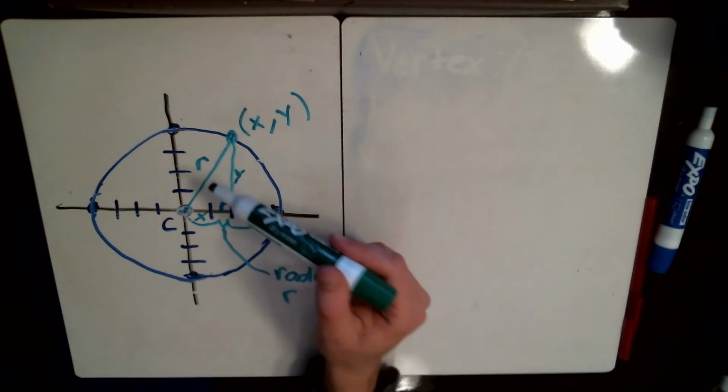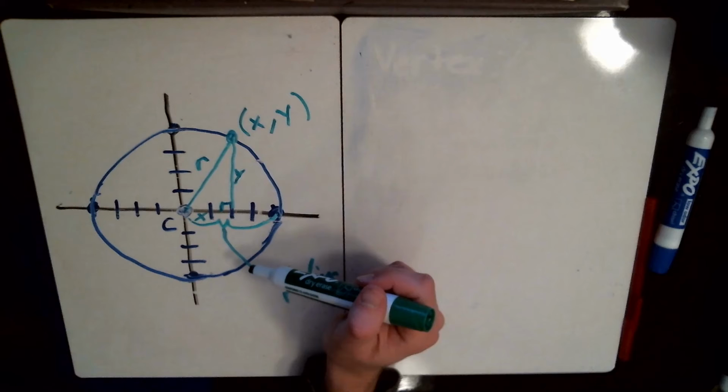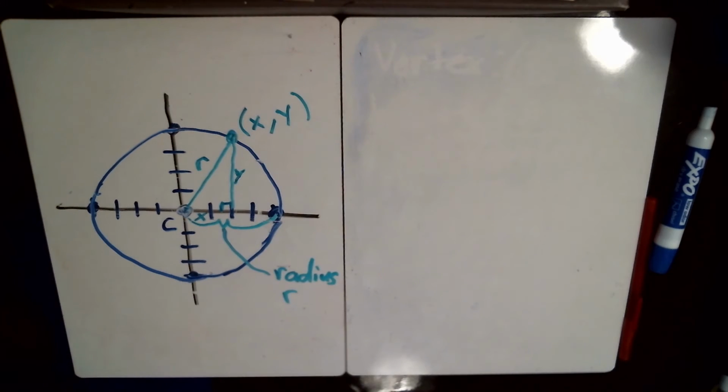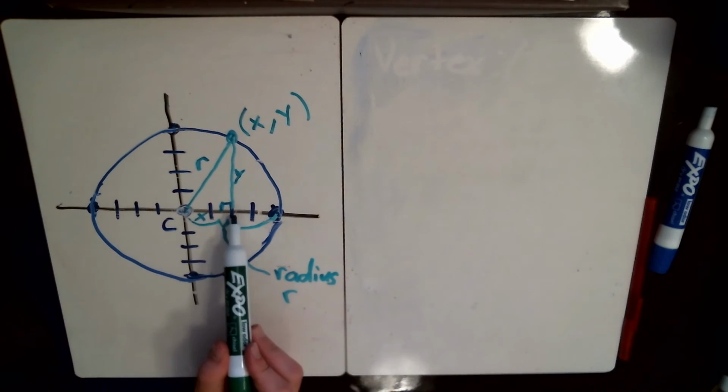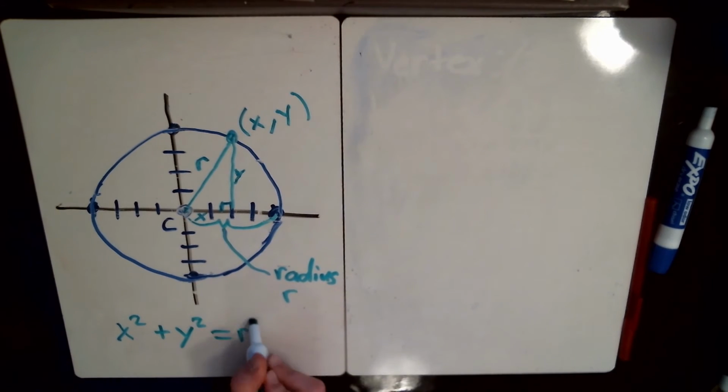So you get this right triangle here, and when you have a right triangle, we can use the Pythagorean theorem to find a relationship between the sides. So essentially, the formula we can get out of this is this side is x, this side is y, so x squared plus y squared is r squared, okay? This is just applying the Pythagorean theorem to this right triangle here.